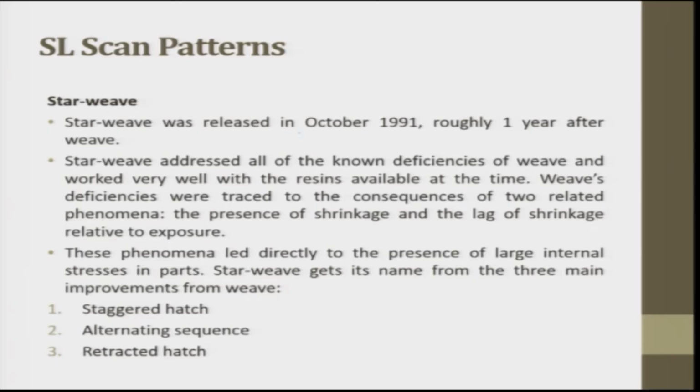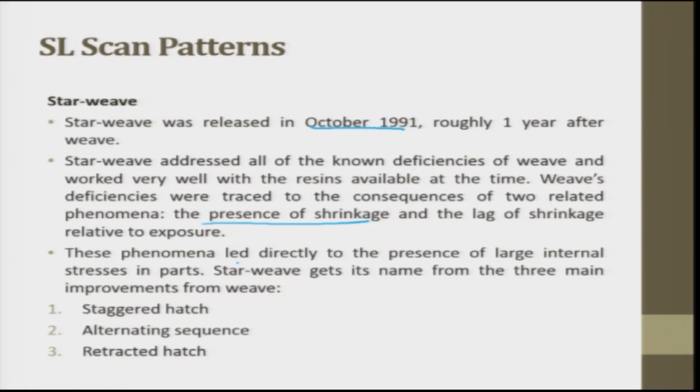Star weave was released in October 1991, roughly 1 year after the weave. Star weave addresses all the known deficiencies of weave and worked very well with the resins available at the time. Weave deficiencies were traced to the consequences of two related phenomena: the presence of shrinkage and the lag of shrinkage relative to the exposure.